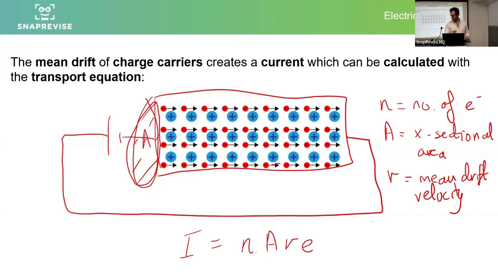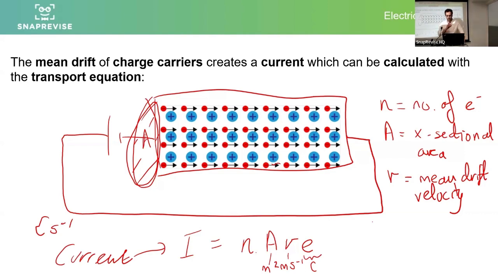Let's check, is that all watertight? This is current. For historical reasons, we use the symbol I, which is slightly annoying because you'd want to use the letter C, but whatever. We're just going to have to get over it. Current is in coulombs per second. That's a very wonky C, but forgive me. This charge is in coulombs. This is in meters per second. This is in meters squared.